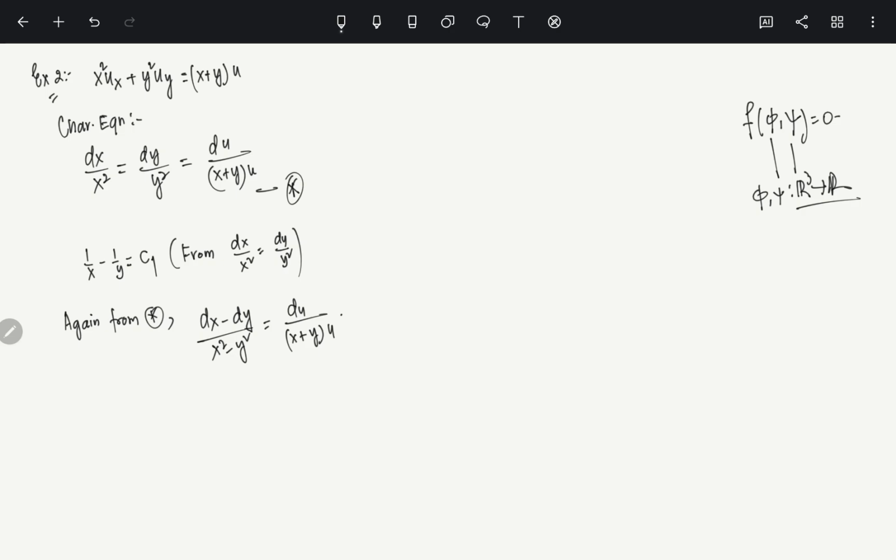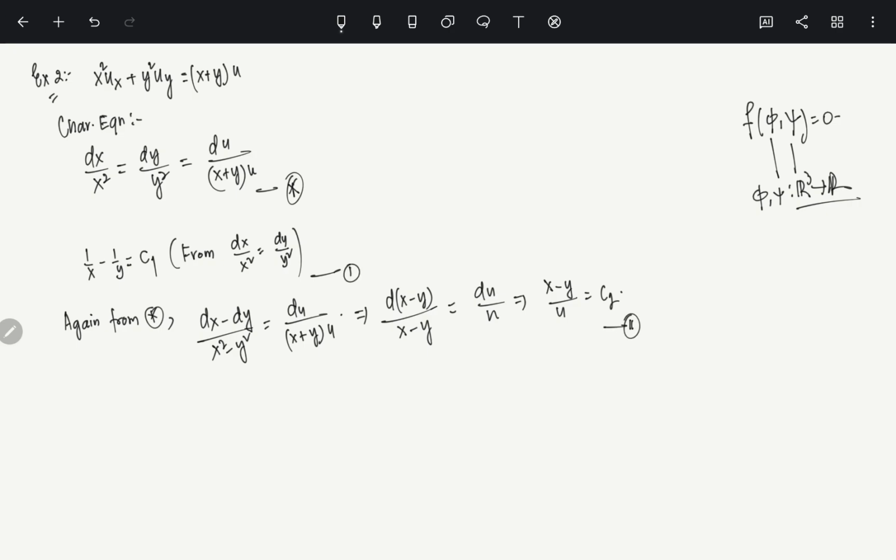If we do it like this, this will imply d of (x minus y) by (x minus y) equals du by u. And that will actually imply (x minus y) by u is C2. Clear? Okay. Let's call this 1 and let's call this 2.